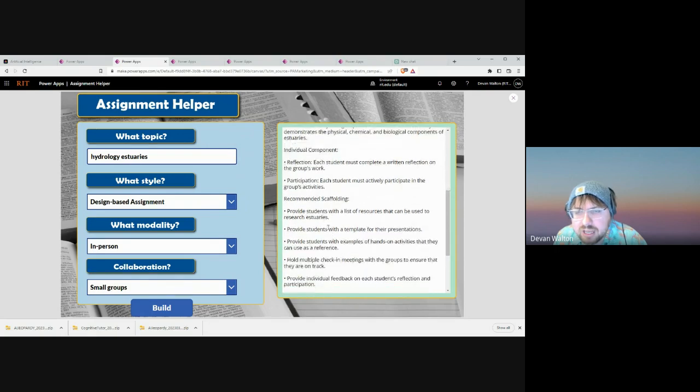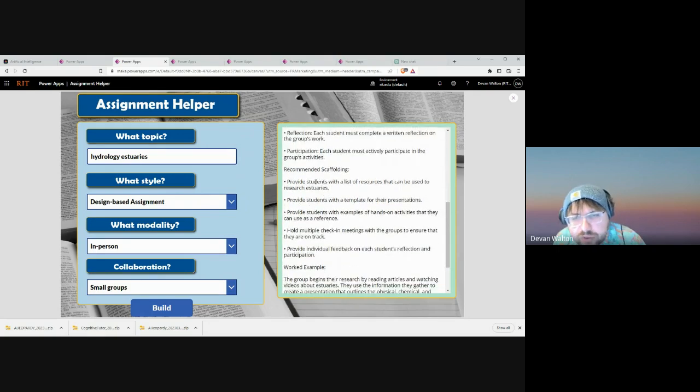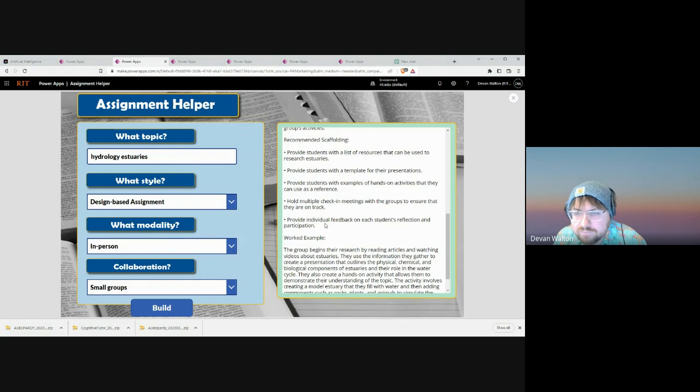Then it gives you some recommended scaffolding for managing the assignment and helping students get through it. So it provides students with a list of resources that can be used to research estuaries, provides a template for their presentations, holds multiple check-in meetings with the groups, and provides individual feedback. This would all be useful scaffolding if you wanted to design an assignment like this.